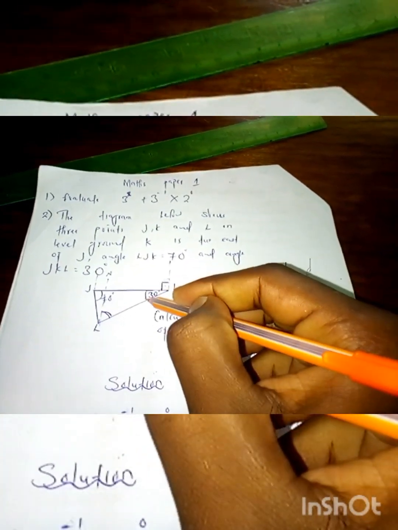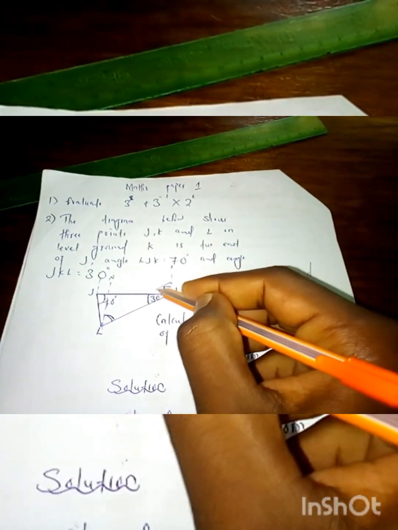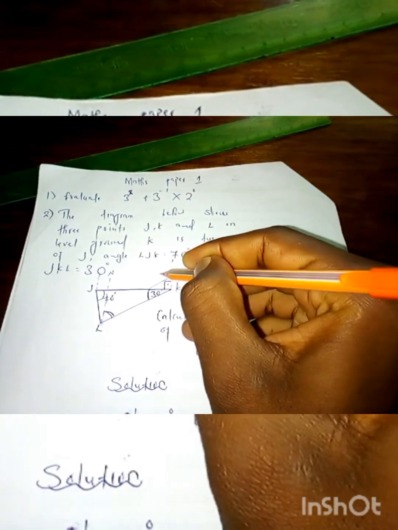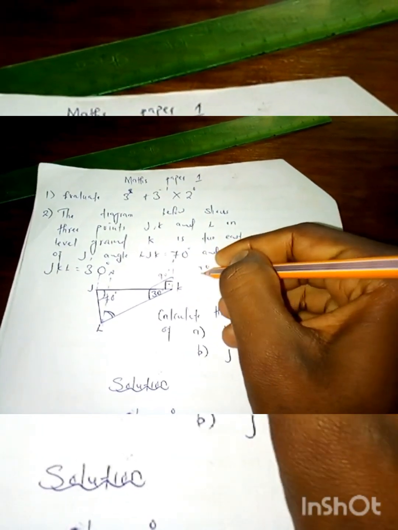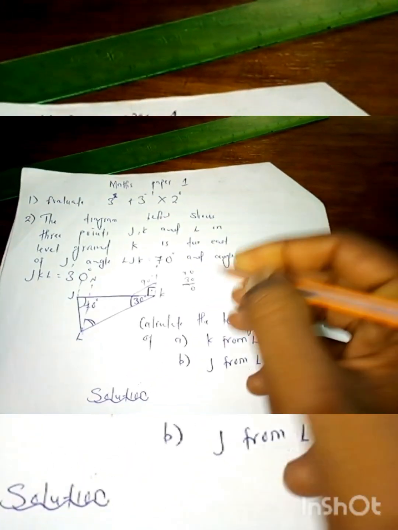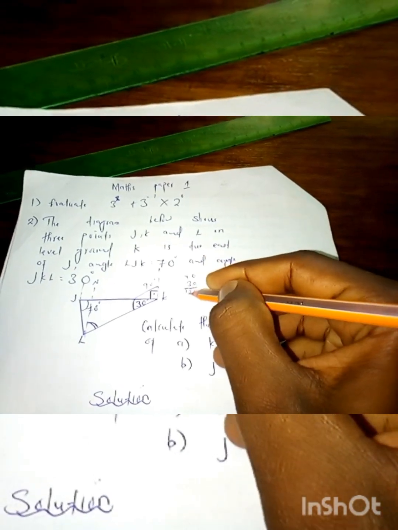That's the angle for this from here to here. It's 90 plus 30. So we have 90 degrees here. So what's 90 plus 30? 9 plus 3 is 12, which means it's 120.